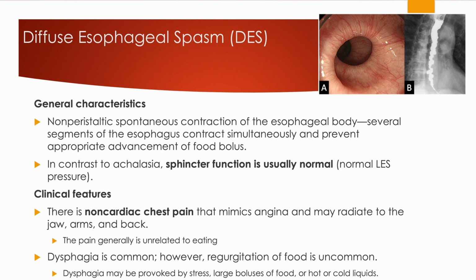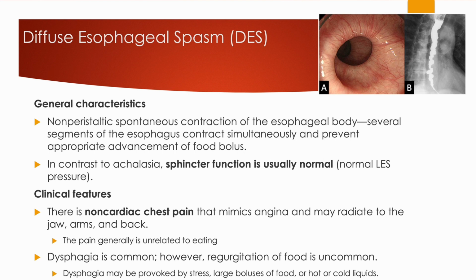These patients present more with chest pain, and it can mimic angina, except that it's not only on exertion. It's retrosternal, and it can even radiate to the arms and back. So anytime you have a patient that you think has DES, they need a cardiac workup as well.